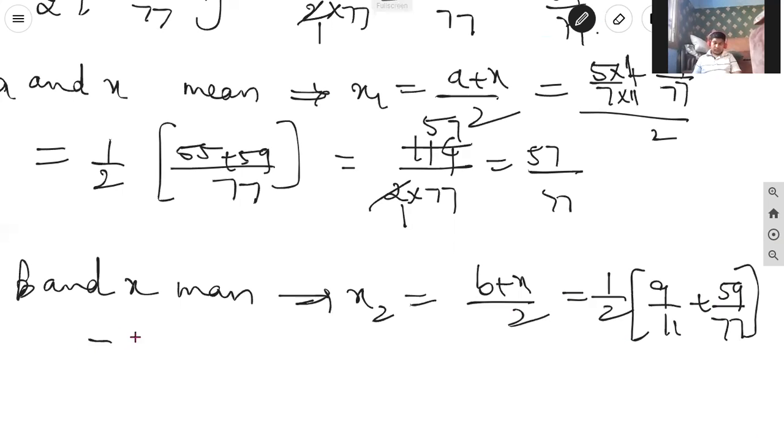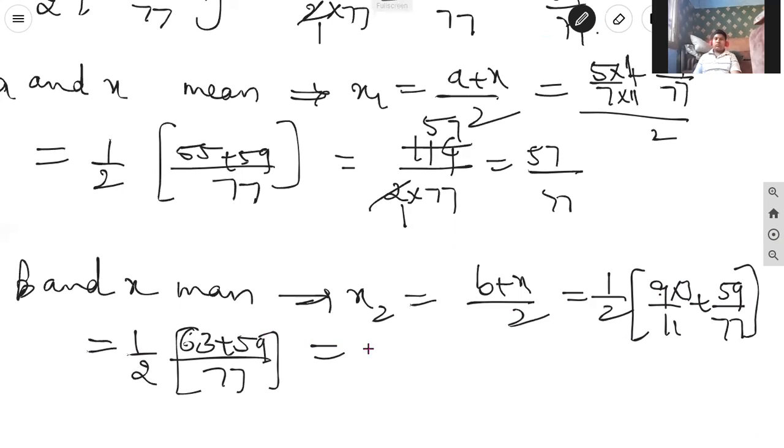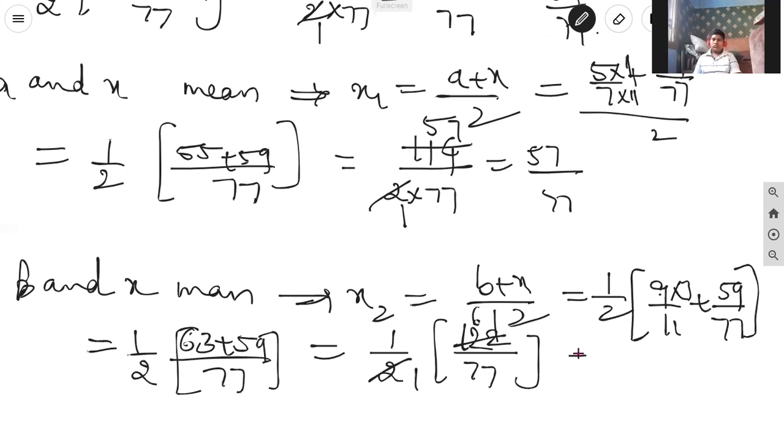What is the LCM here? 77 is the LCM. Okay. 11 sevens are 77, 9 sevens are 63, plus 59. Then 1 by 2 into adding 63 plus 59, 122 by 77. 2 ones are 2, 2 sixes are 12, 61 by 77.